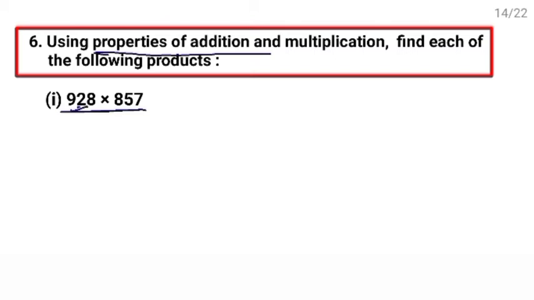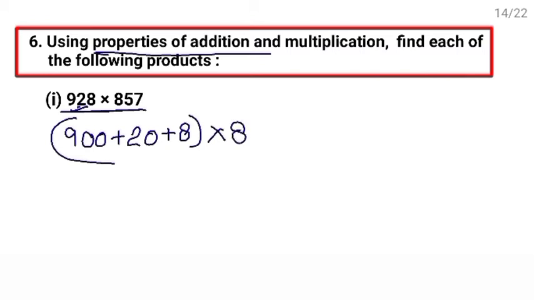So this 928 in expanded form can be written as 900 plus 20 plus 8. Clear? Multiply by 857. This is the distributive property over addition. This is outside the bracket and in the bracket there is a plus sign.